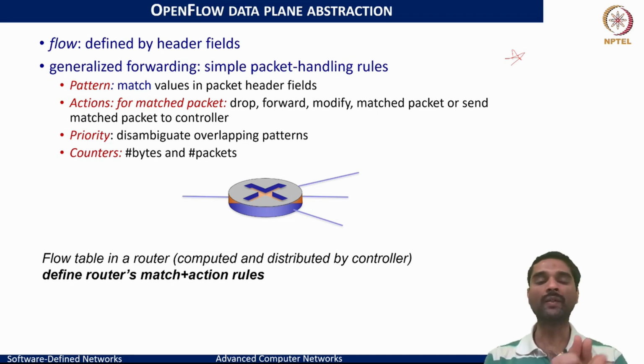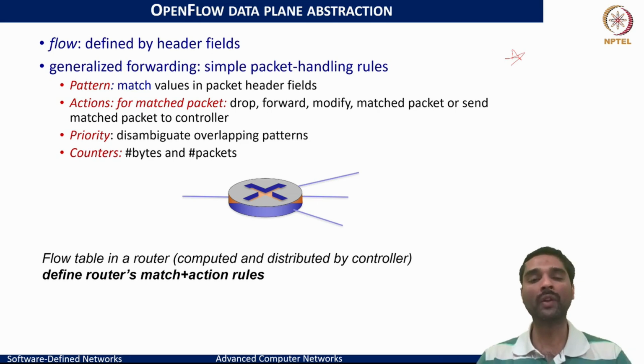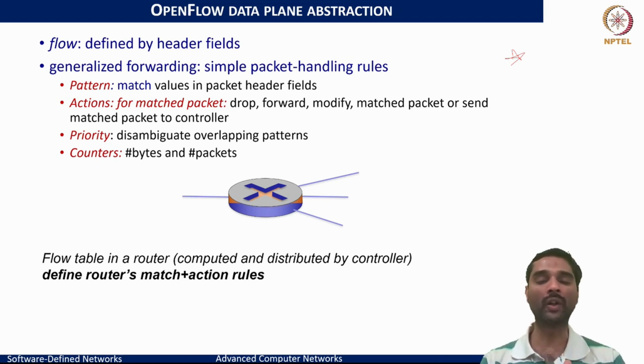And besides, whenever there is a match and you take certain actions, we can also keep specific counters which would enable us to basically track how many bytes or how many packets have been processed by a particular rule and how many packets have passed through a particular port destined towards a particular IP. All these statistics can also be easily attained through this match action pattern. And the core here is defining the router's match plus action rules.